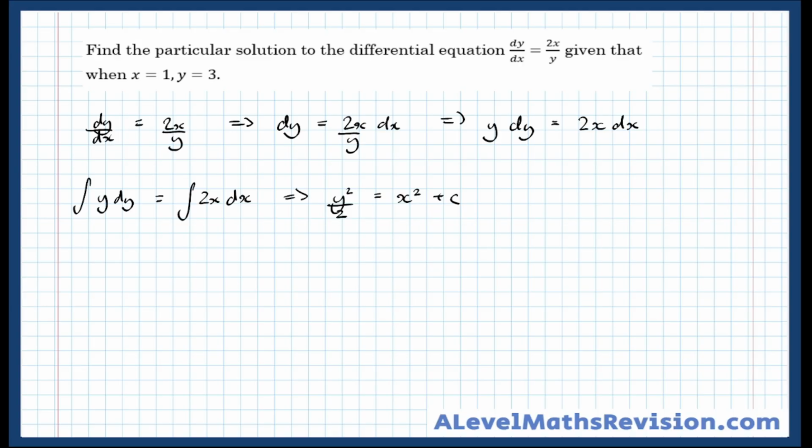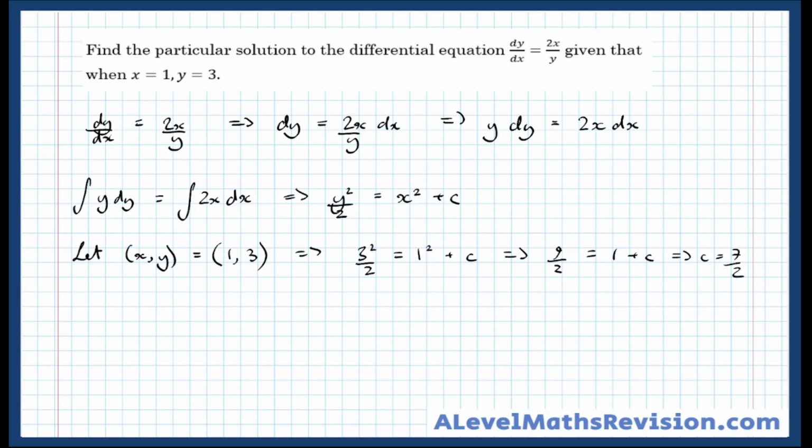So if we sub that in there, x equals 1, y equals 3, which means that 3 squared over 2 equals 1 squared plus c, which means that 9 over 2 equals 1 plus c, and 9 over 2 take 1 is 7 over 2. So c is 7 over 2.